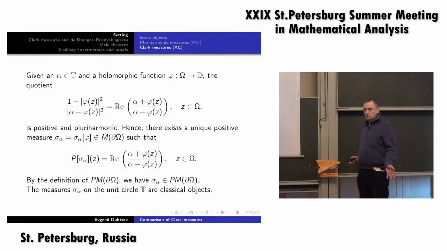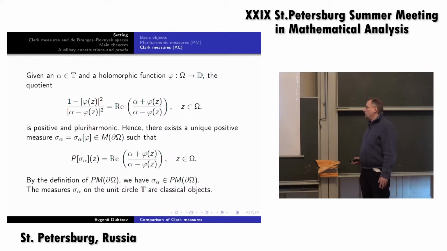So this is a Poisson integral of a positive measure, and we use the symbol sigma_alpha, or sigma_alpha of phi, to denote this measure, such that this is the Poisson integral of this measure. So by the very definition, this is a pluriharmonic measure just because its Poisson integral is the real part of a holomorphic function.